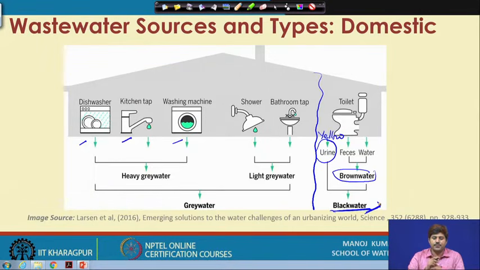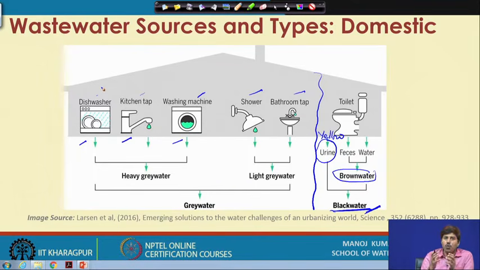The toilet water coming from households or other sectors is also marked as black water. Now, coming to the other uses of domestic water, water is used in the bathroom taps, showers, washing machines, kitchen taps and dishwashers. In the shower, we may apply some soap, but that is very limited, and a lot of water flushes through.